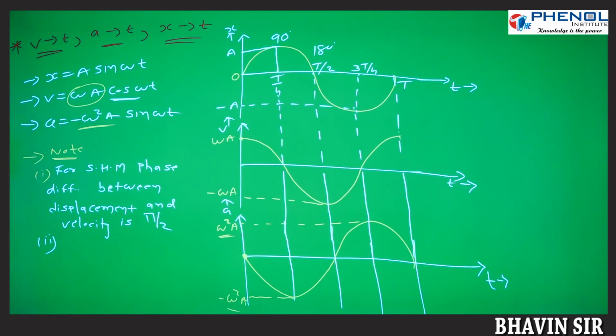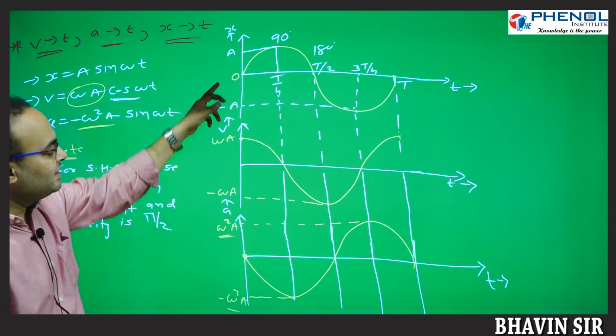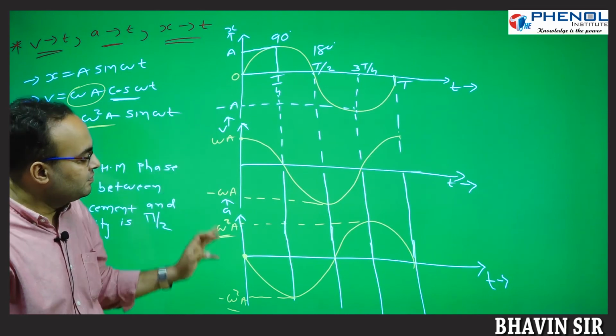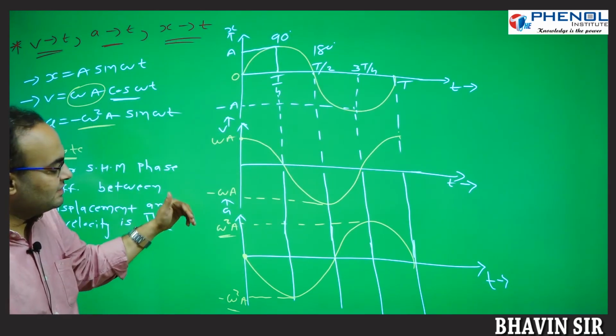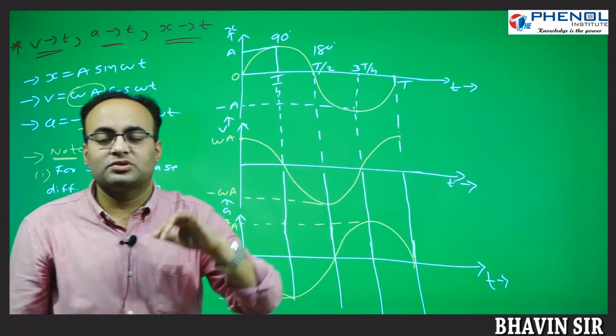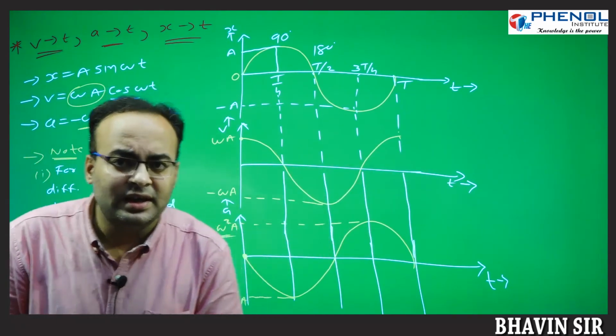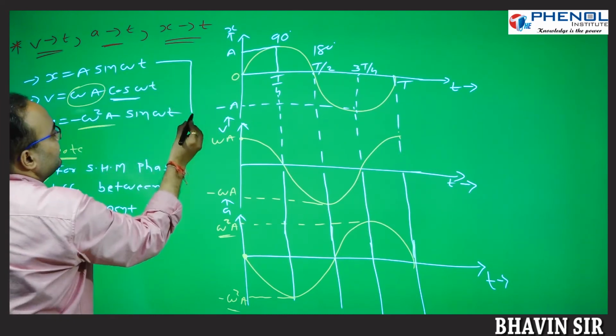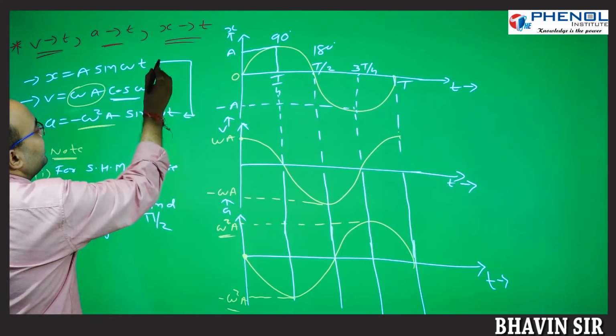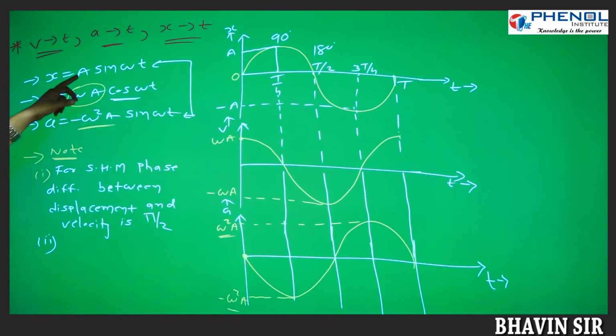Now second, see, what is the phase difference between displacement and acceleration? See, displacement and acceleration both start from 0, but displacement is moving in the positive direction and acceleration is moving in the negative x direction. So what is the phase difference? 180. See here in both the equations it is sin omega t, but here plus sin omega t, here minus sin omega t.